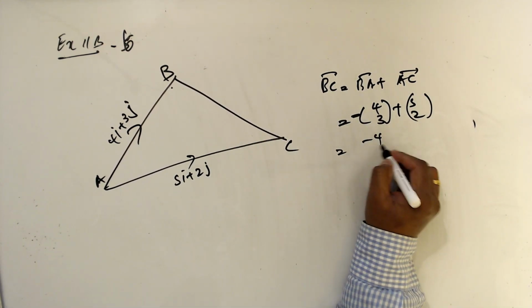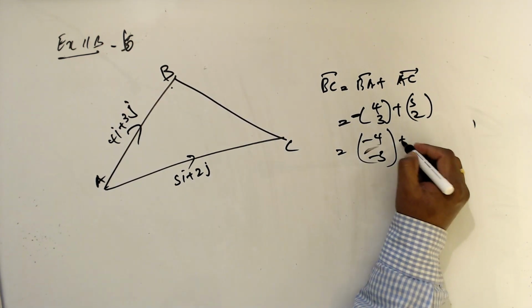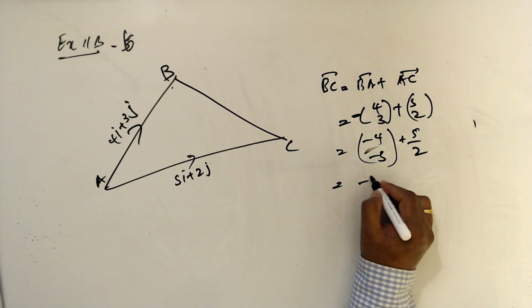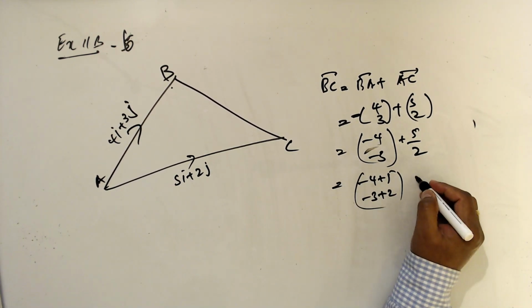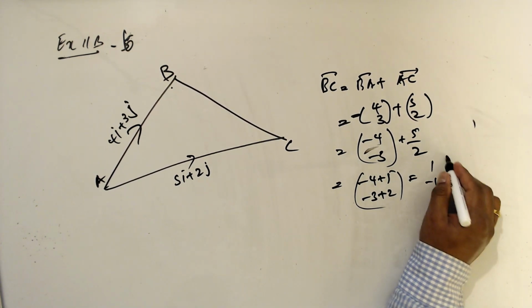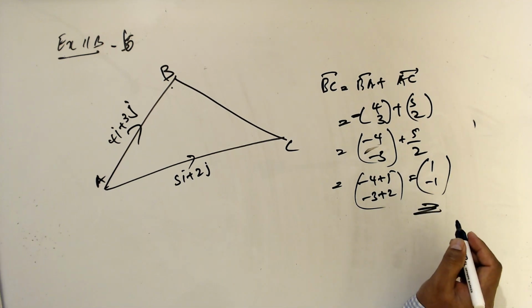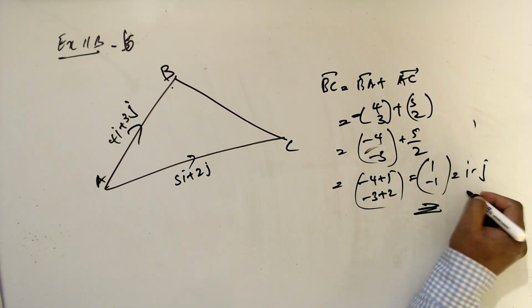So this is minus 4, minus 3 plus 5, 2. So this is minus 4 plus 5, minus 3 plus 2, which is 1 and minus 1, so i minus j.